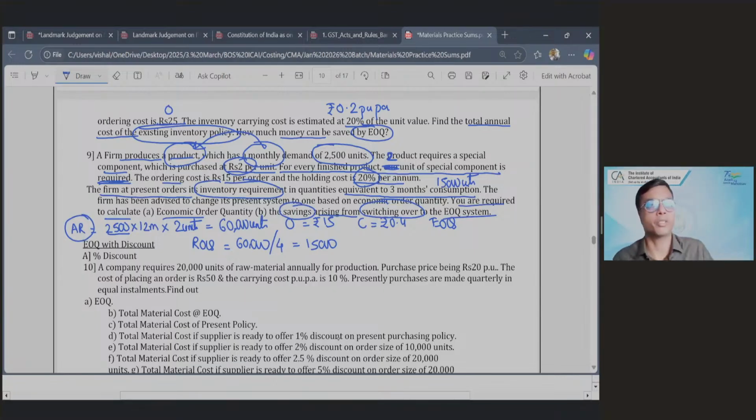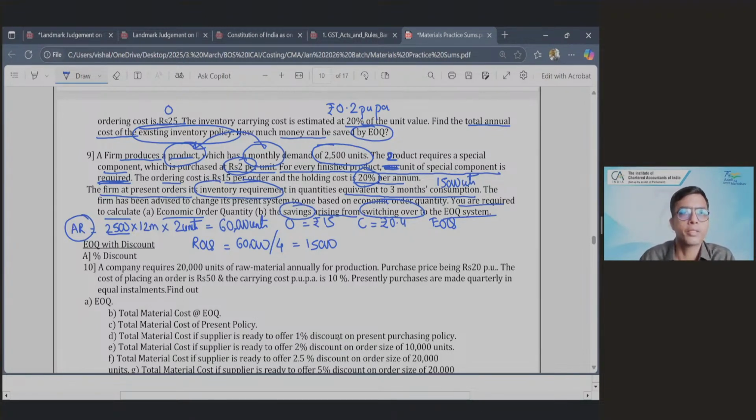See the language. My answer will be same as what we did for the previous three sums. Find out EOQ, total cost of EOQ, total cost of their policy. But see the difference in this ninth sum. The manner in which the data is given, you have to make slight tweaks in your workings, and most important, have a proper reading and understanding of the question.